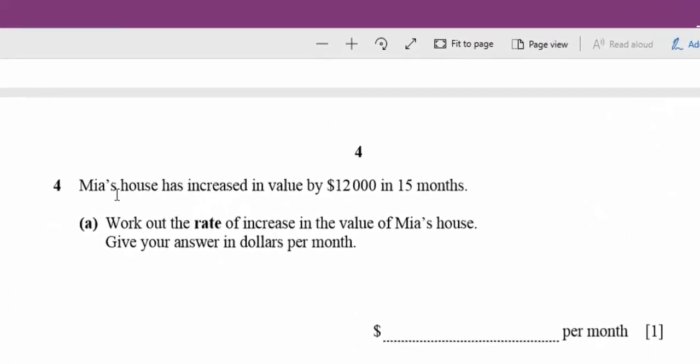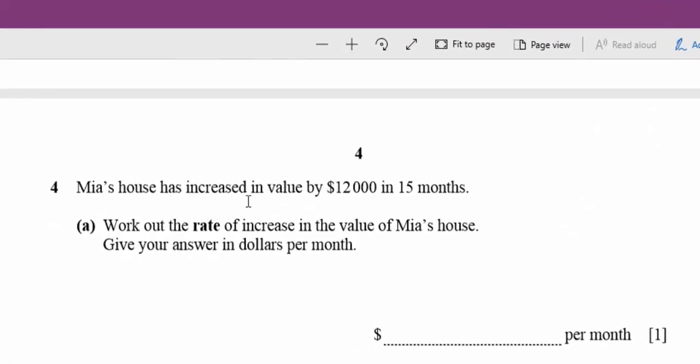Question 4. Mia's house has increased in value by $12,000 in 15 months. Work out the rate of increase in the value of Mia's house. Give your answer in dollars per month. Look, the price increased $12,000 in 15 months.